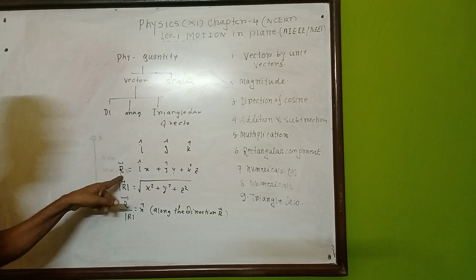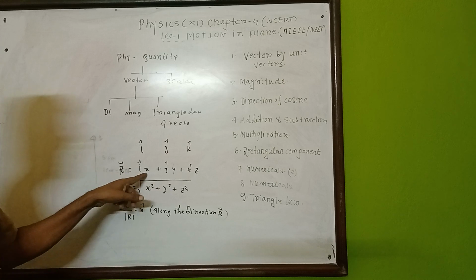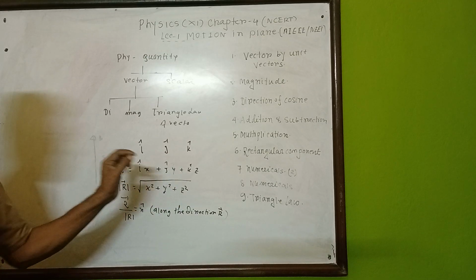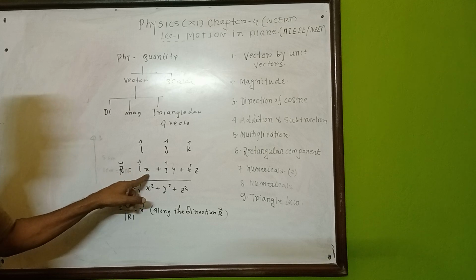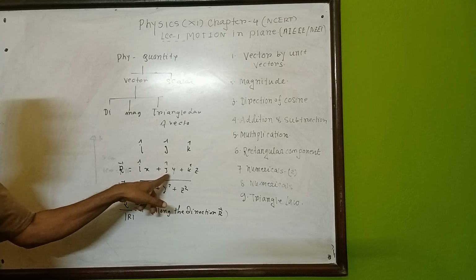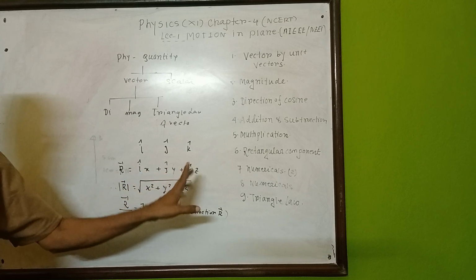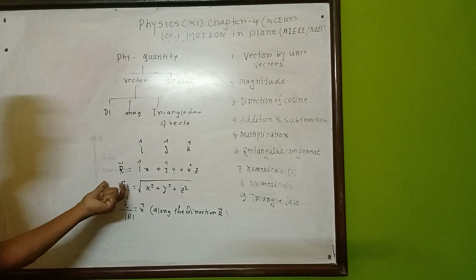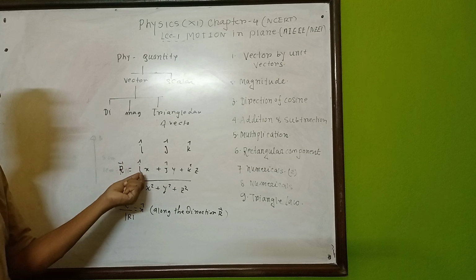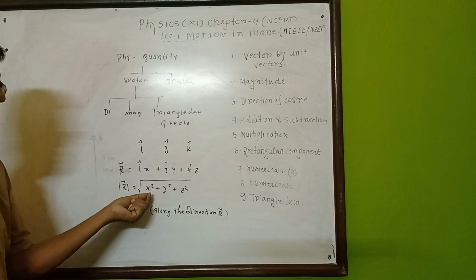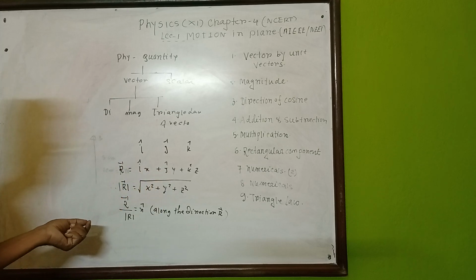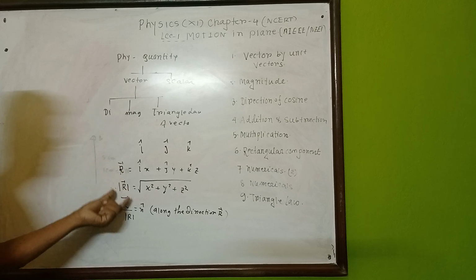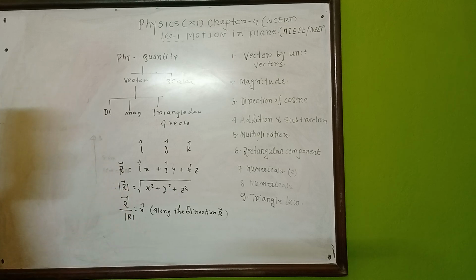The position vector r is represented as xi + yj + zk. That means along the x direction you get x displacement, along y direction y displacement, along z direction z displacement. To calculate the magnitude, you take the square root of the squares of each component added together. Any vector divided by its magnitude gives the unit vector along the direction of the given vector.